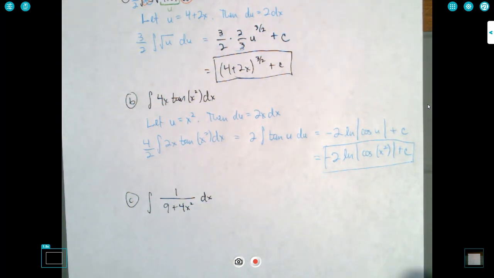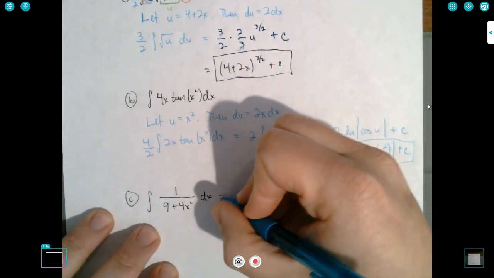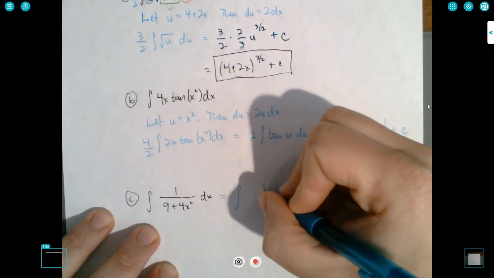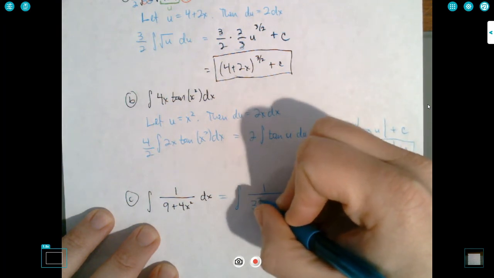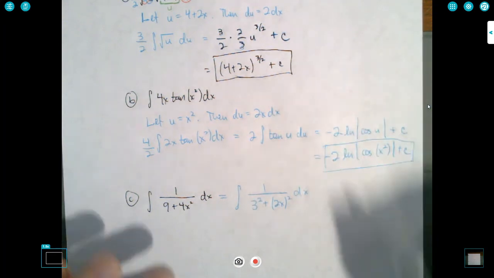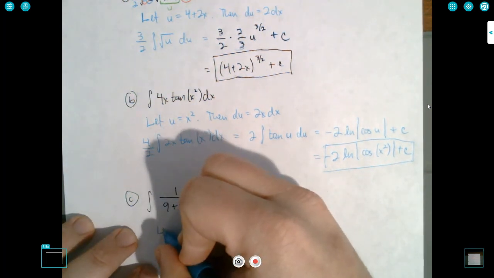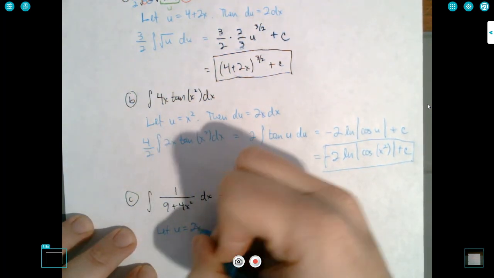So that's what I'm going to do. First of all, maybe I'll say this is 1 over 3 squared plus 2x squared dx. That makes it a little more obvious that this is an a squared plus u squared situation. I just need to let u be 2x.